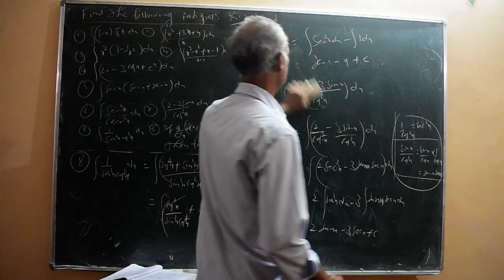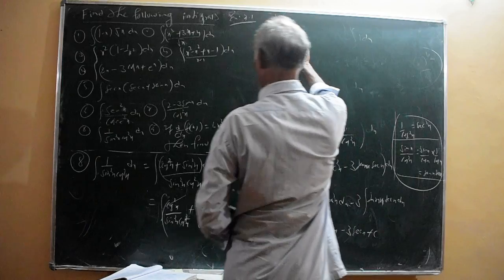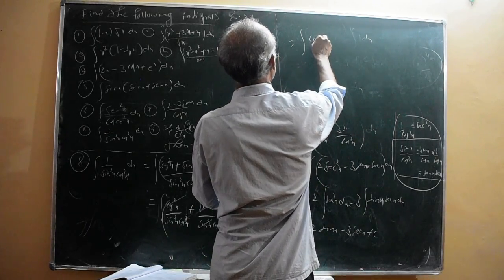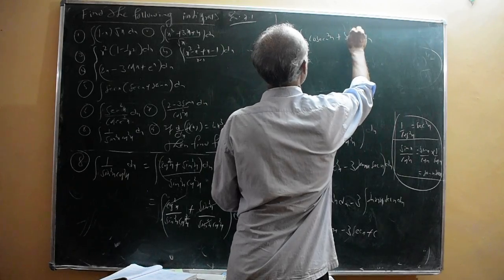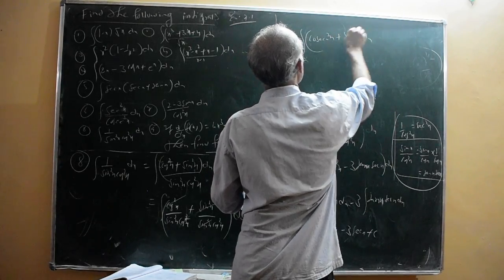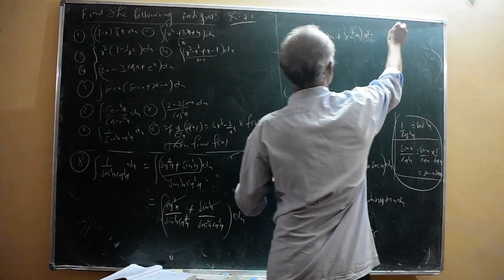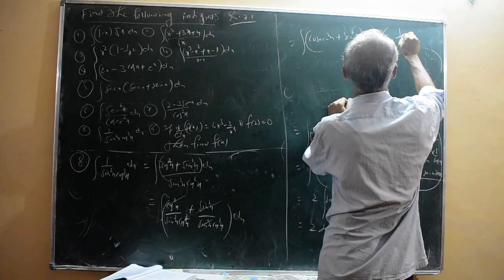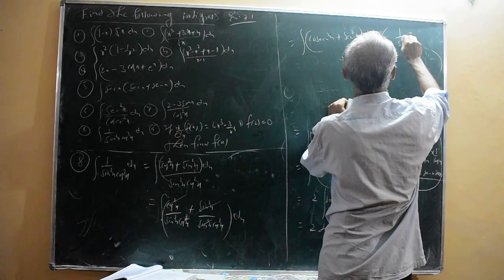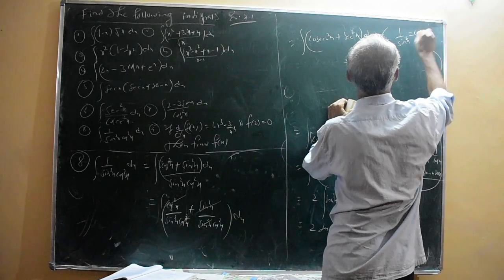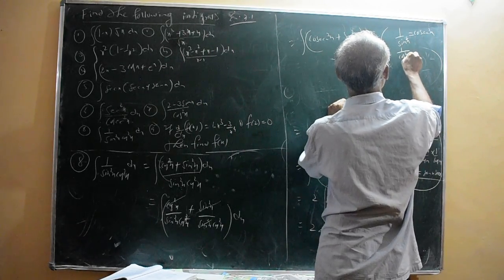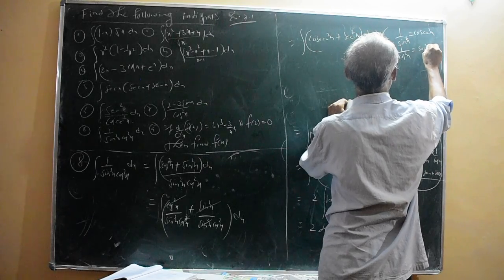Therefore the integration is integration of cosec square x plus sec square x, because 1 by sin square x is cosec square x and 1 by cos square x is sec square x.